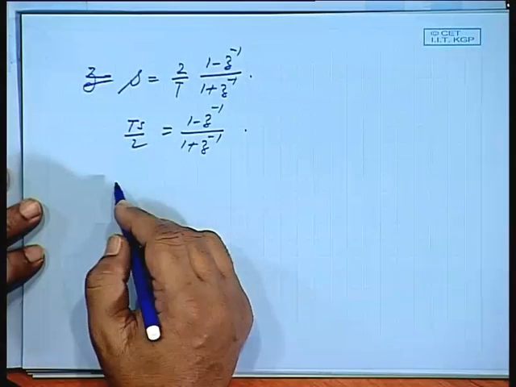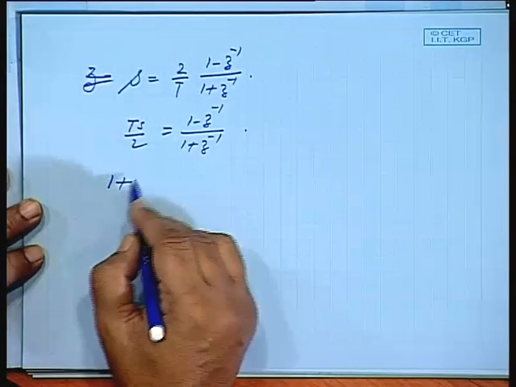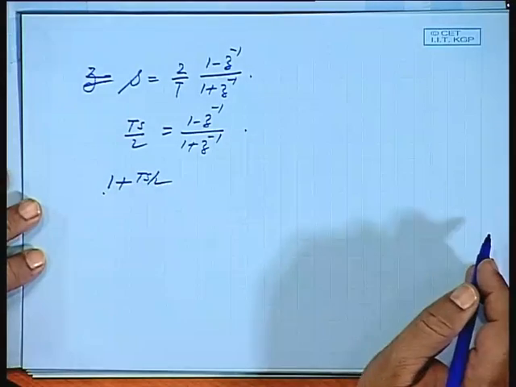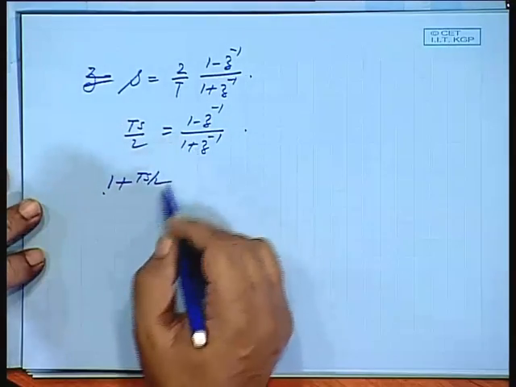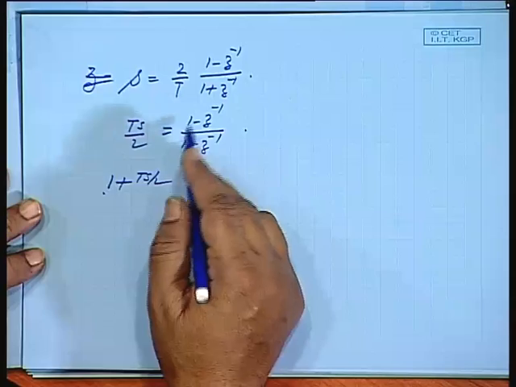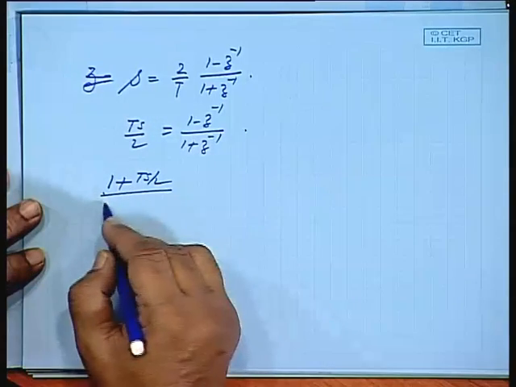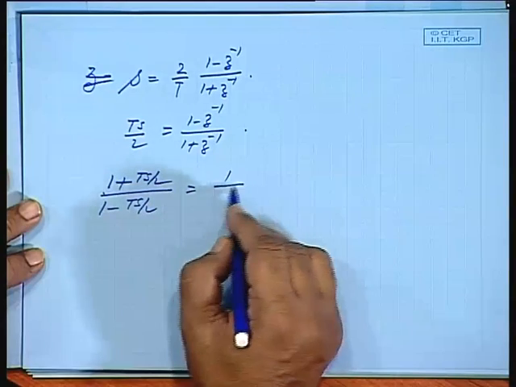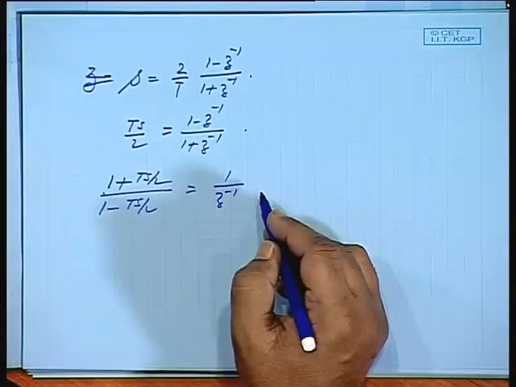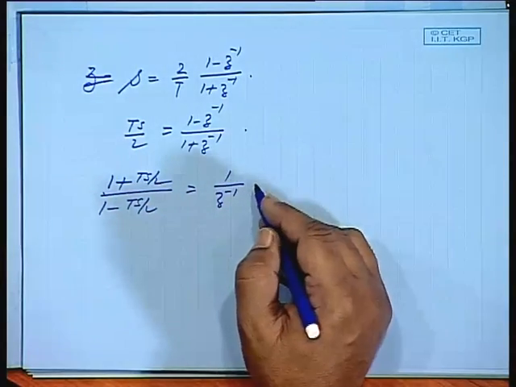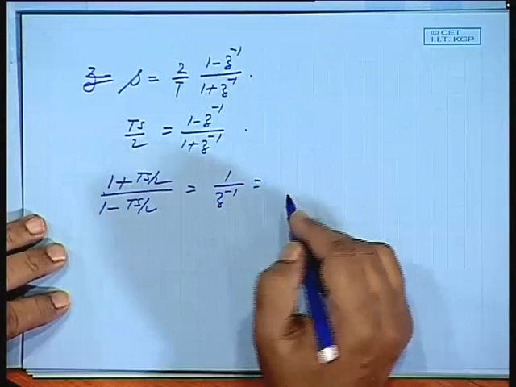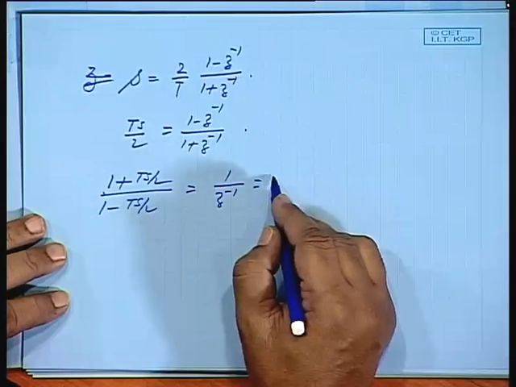So, if you apply componendo and dividendo, correct me if I am wrong, 1 plus Ts by 2 over 1 minus Ts by 2 is 1 by z inverse, so that gives me z.